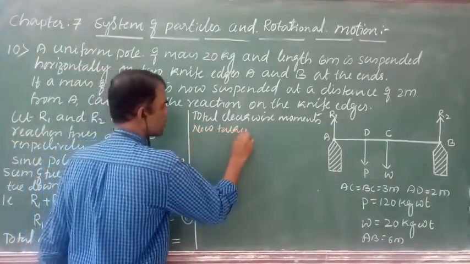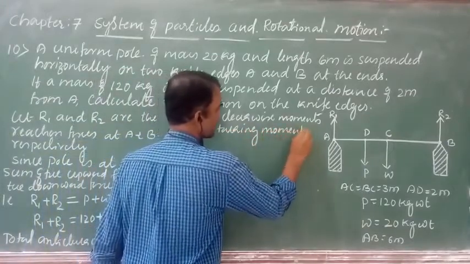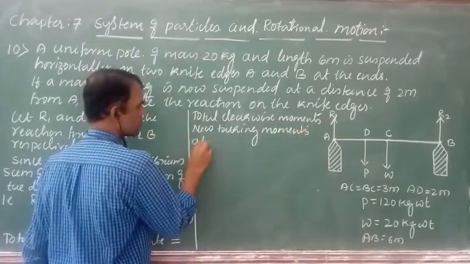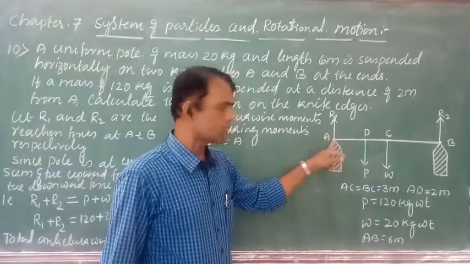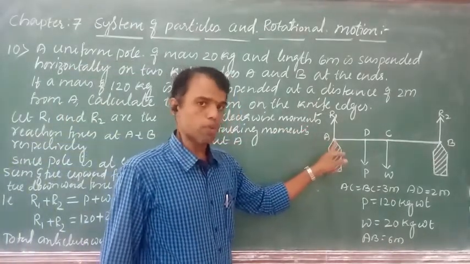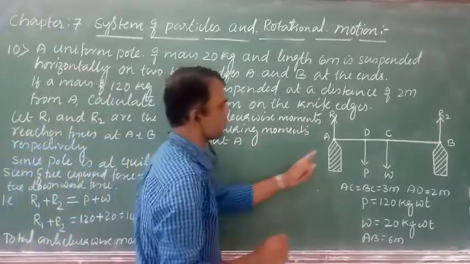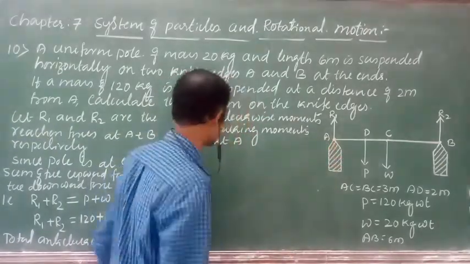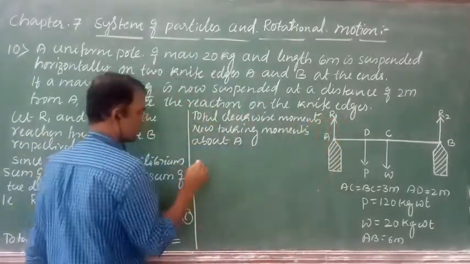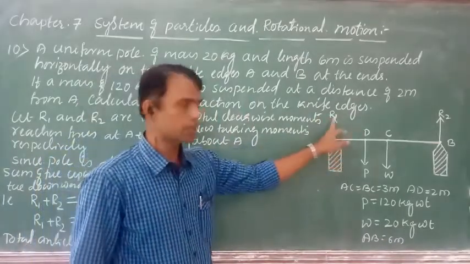Now, taking moments about A. So now I will take moment of force about the point A. This is A. At this point we have R1 upward force, that is R1 into perpendicular distance, since moment of force means force into perpendicular distance.